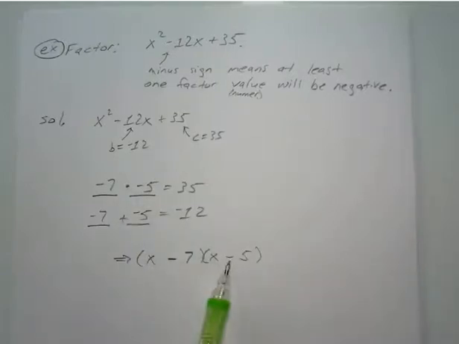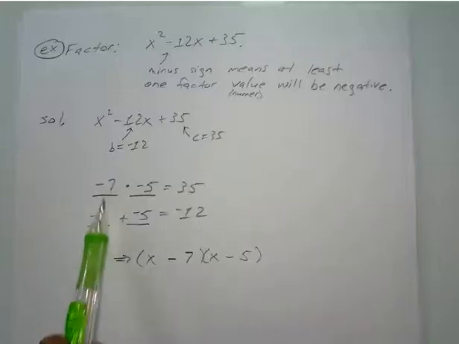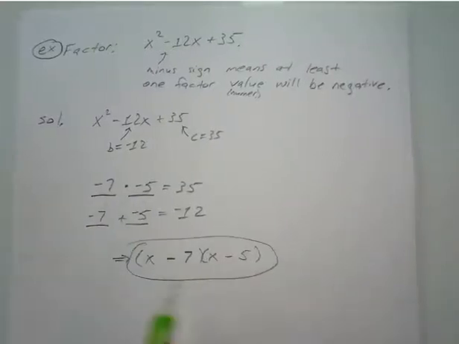So these plus or minus signs here all depend on what two numbers you pick here. And again, if you just do the FOIL method, you'll see that it matches up with your original trinomial. Alright, so if you are still writing, please feel free to press pause, but we're going to go ahead and go to our next example.